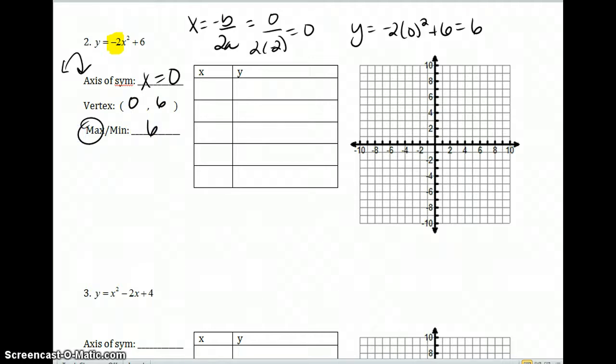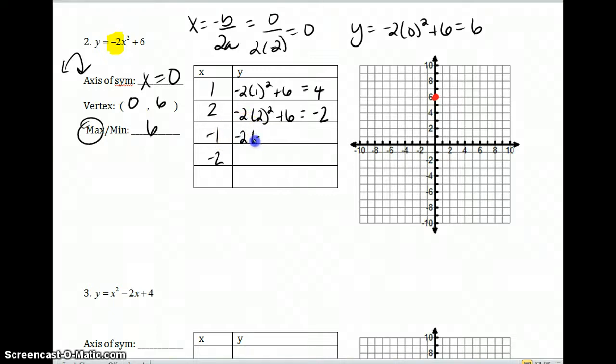All right, let's go ahead and plot the vertex, so (0, 6). And then remember that you find 2 values to the right and 2 values to the left of the vertex. Once again, x starts at 0, so we're going to go 1, 2, and -1, -2. So plug in. -2 times 1 squared plus 6 gives me 4. -2 times 2 squared plus 6 is -2.